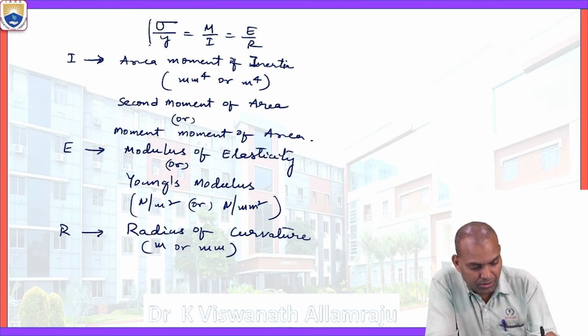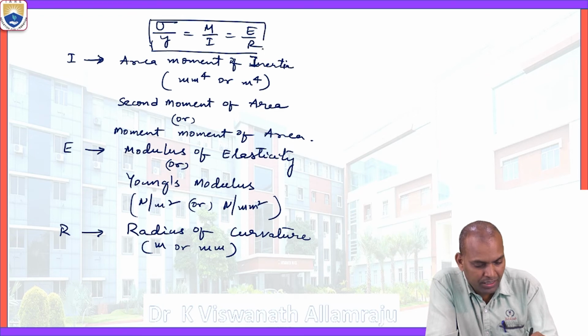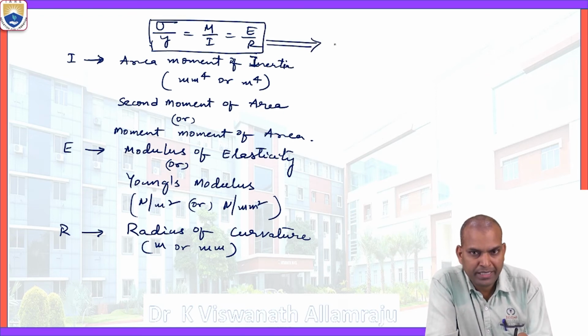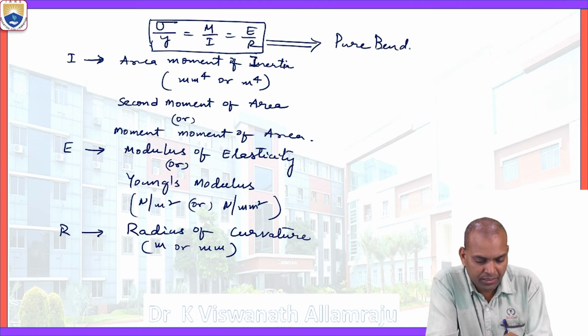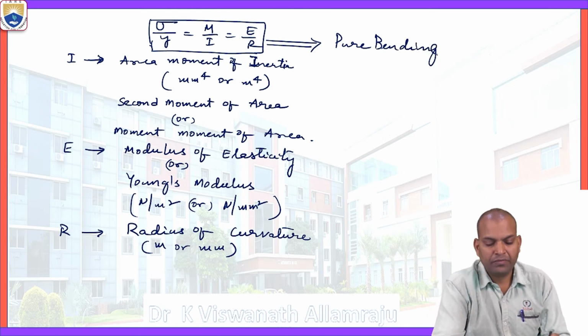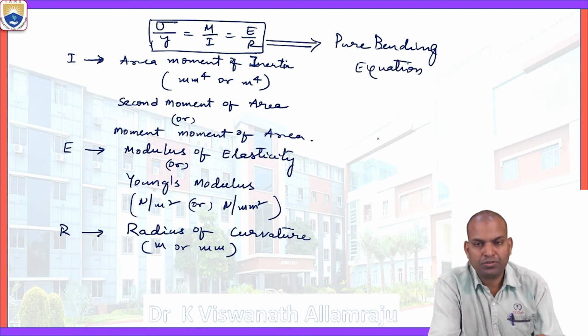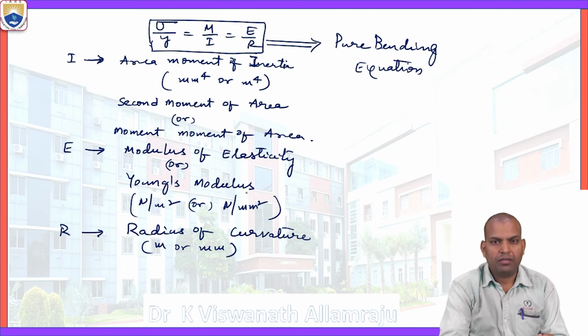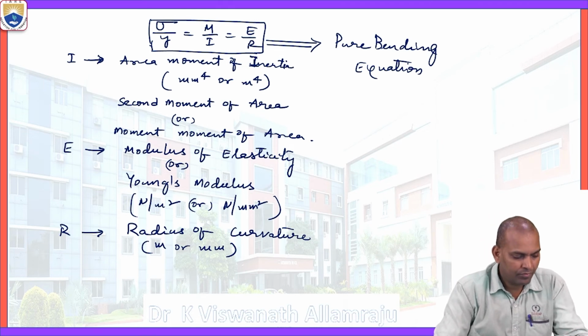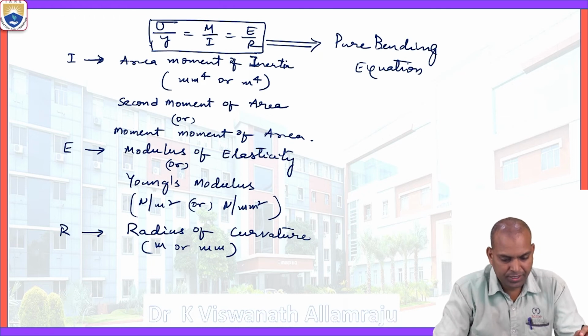This equation, sigma by y, M by I and E by R, is the theory of pure bending, or equation of pure bending. Why is it the equation of pure bending? Because the shear force is zero.